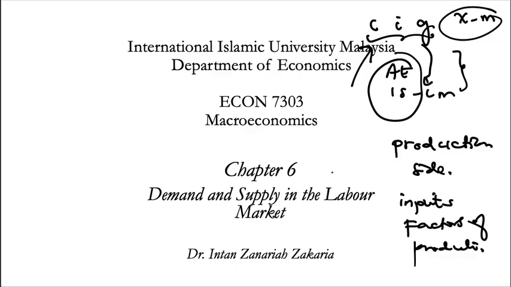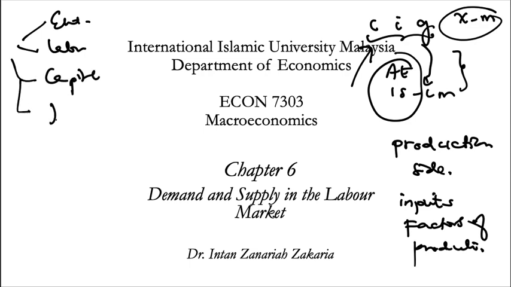Now, there are 4 different types of factors of production. If you can recall the study in the undergraduate level, number 1 is entrepreneur, number 2 is labor, number 3 is capital, and the last one is land. For our purpose of study here on the supply side, we are focusing on labor and capital.